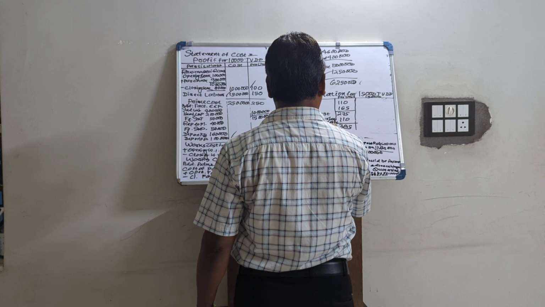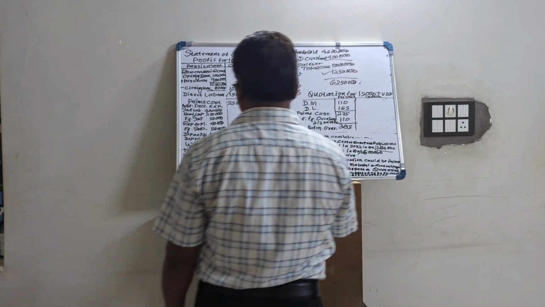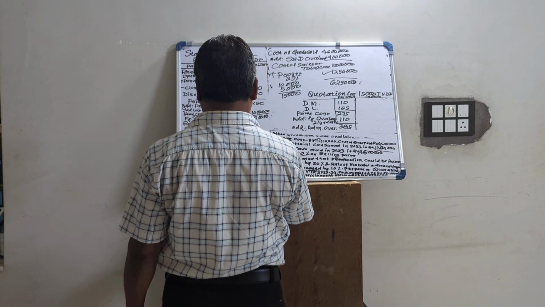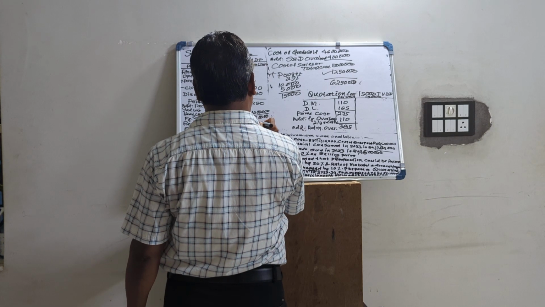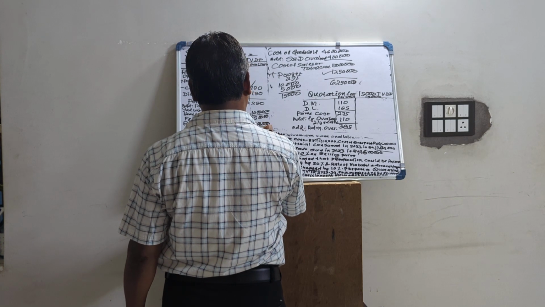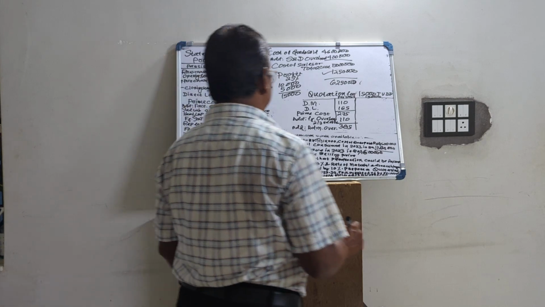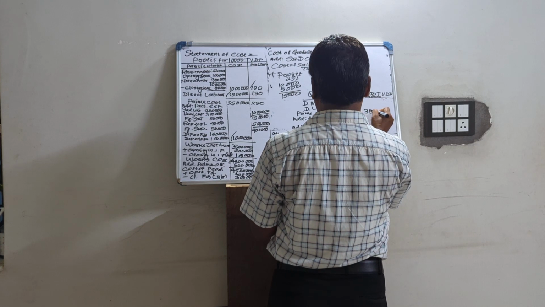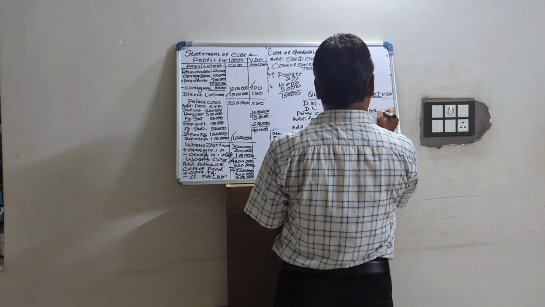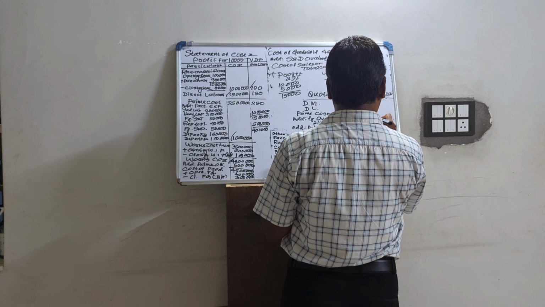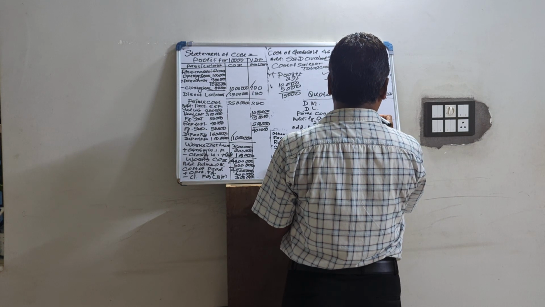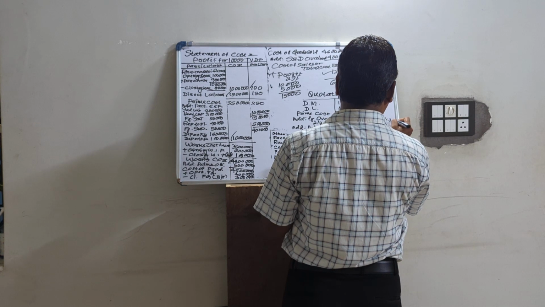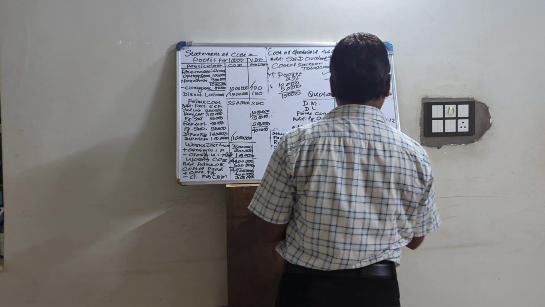First administrative overhead. Administrative overhead here is 5 lakh. It is based on work cost. Work cost is here 40 lakh. So 5 lakh by 40 lakh is 1/8. So administrative overhead is 1/8 of 385. 385 is work cost plus 1/8. 1/8 of 385 is 48.12.